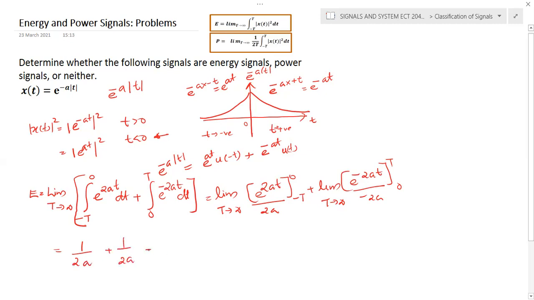After simplification you will get 1 by a. Again, it's a finite quantity, so the energy is finite.